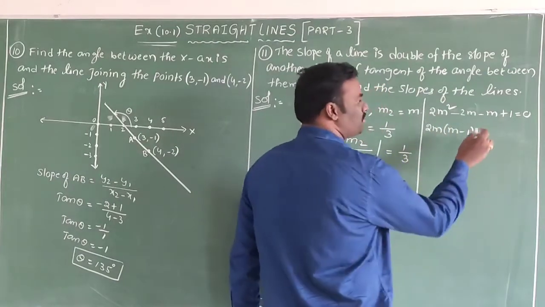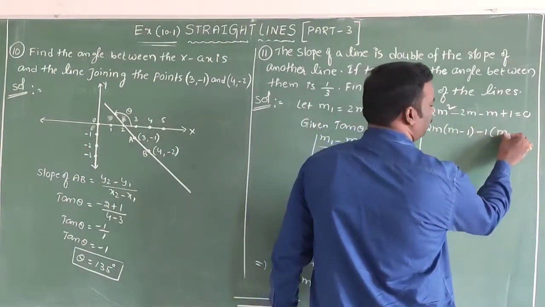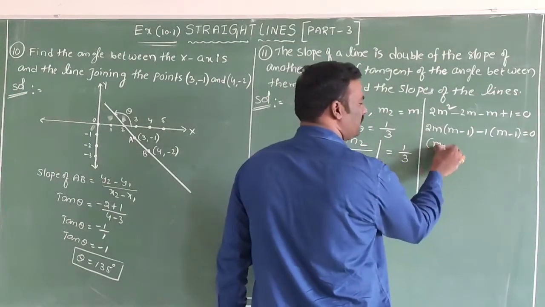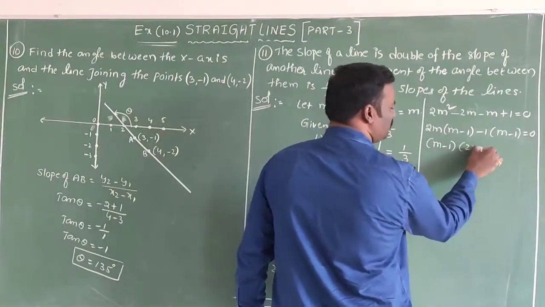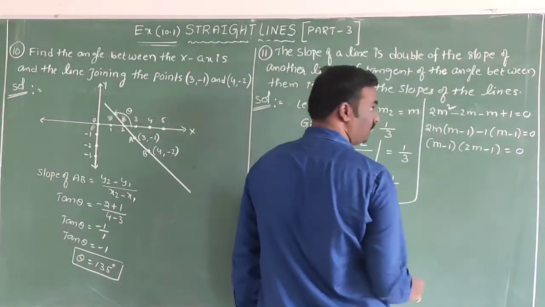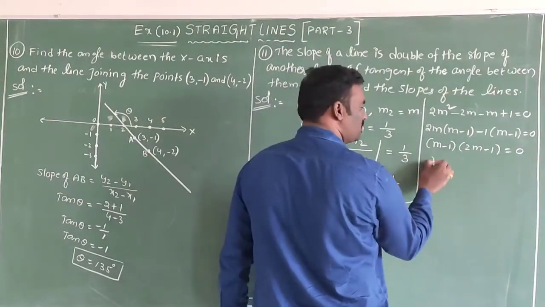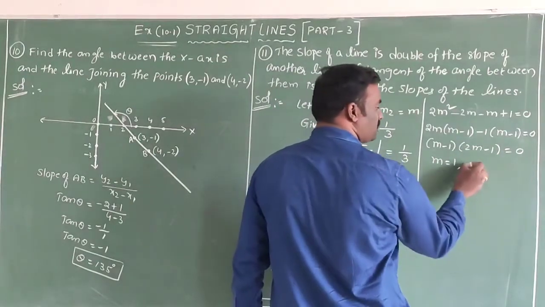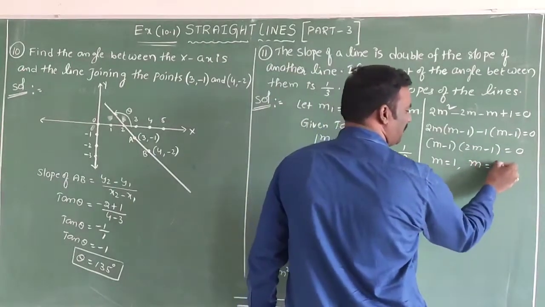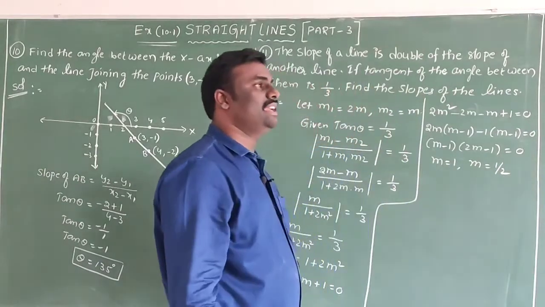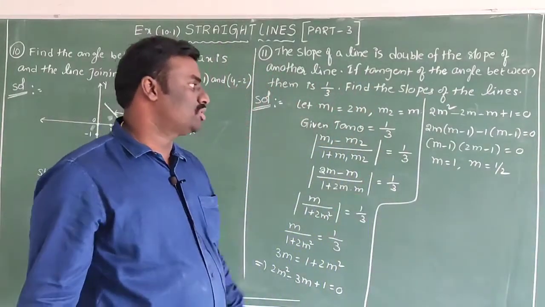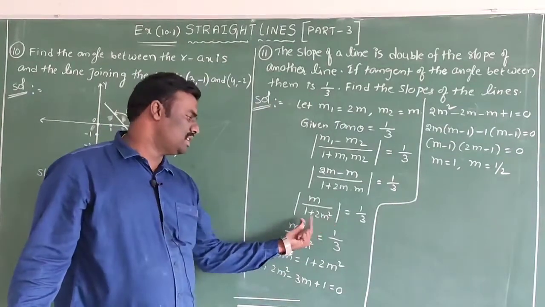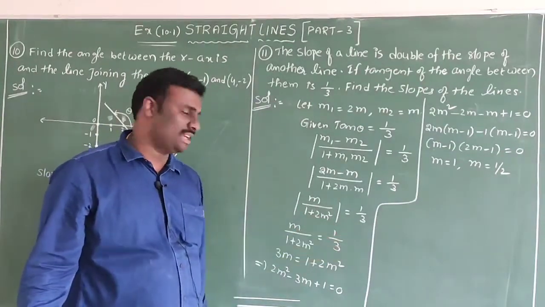In next two terms, minus 1 common, m minus 1. Again, which is common? m minus 1 is common, 2m minus 1 equals 0. So now m minus 1 equals 0, that is nothing but m is equal to 1. 2m minus 1 equals 0, that is nothing but m equals 1 by 2. So finally we got m equals 1 and m equals 1 by 2. Actually here, with modulus, if you remove modulus, plus or minus will come.